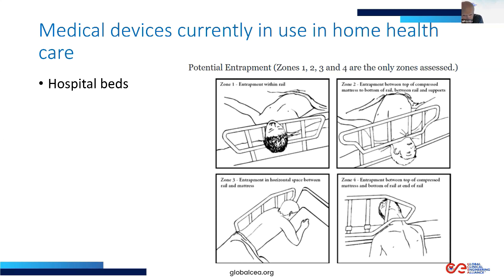And these are just some of the rather gruesome examples of the way patients can or have been known to die because of improper installation of basic hospital bed equipment. I'll talk now about some example investigations I was involved with the coroner's office in the province of Ontario. These were in long-term care facilities, but the beds in these examples were in fact identical to beds that you can rent for use at home. So next slide, please.